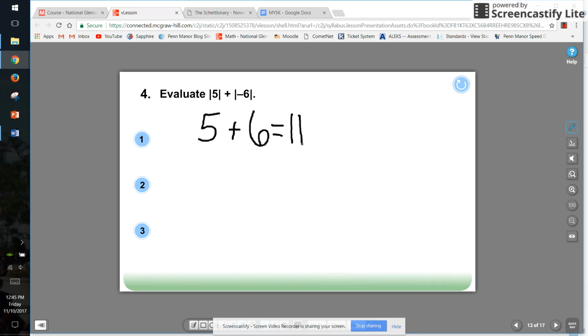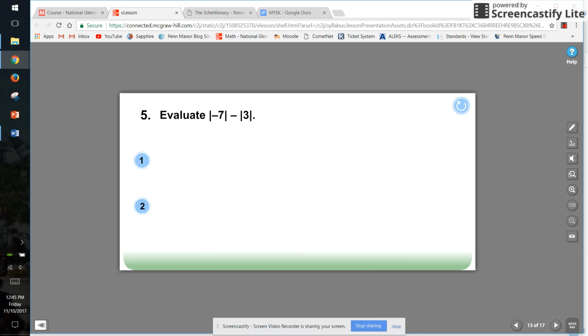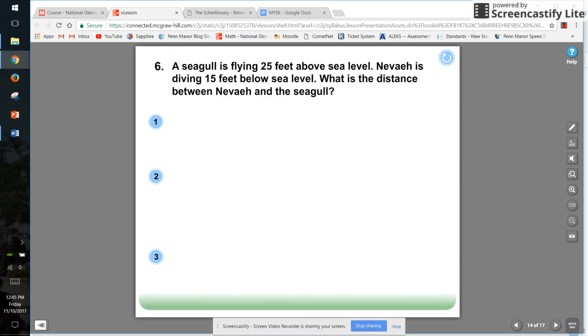Some might say, okay, that's interesting, but how does that actually work in a real life situation? Let's take a look at a word problem. That might be helpful. So if a seagull is flying at 25 feet above sea level, if I was looking at a number line, that would be 25 above 0. So that's a positive 25. Nevaeh is diving 15 feet below sea level.